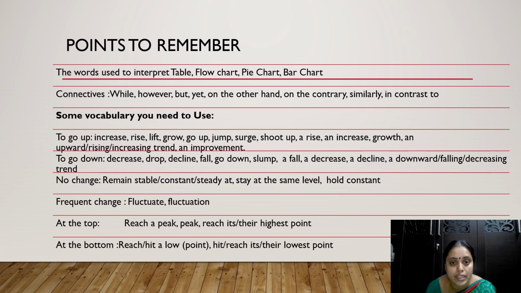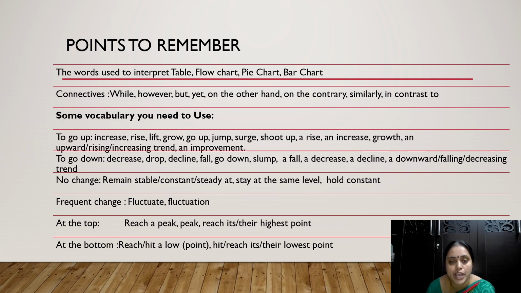When you would like to highlight that there is an increase, a going up in the chart, you can use the following words: increase, rise, lift, grow, go up, jump, surge, shoot up, a rise, an increase, growth, an upward rising, increasing trend, an improvement, etc. When you would like to highlight a downfall in the chart, you can use the following words: decrease, drop, decline, fall, go down, slump, a fall, a decrease, a decline, a downfall and a decreasing trend.